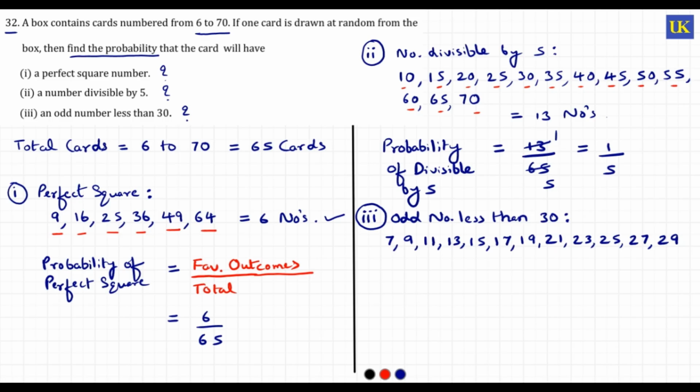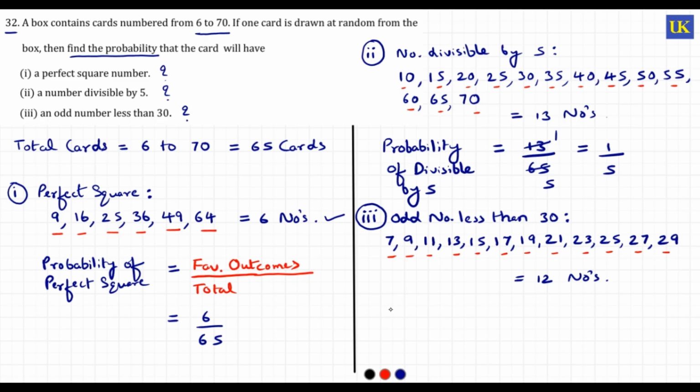So how many such numbers do we have here? 1, 2, 3, 4, 5, 6, 7, 8, 9, 10, 11, 12. So we have 12 numbers.